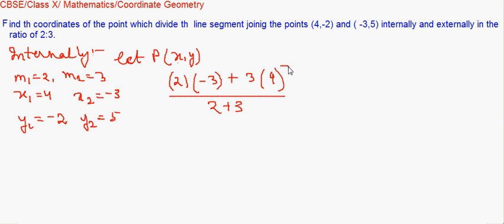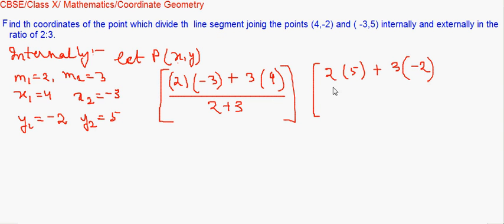This is the x coordinate of the point P. Let me also write here the y coordinate. It will be M1 Y2 plus M2 Y1, Y1 is minus 2 by again M1 plus M2, that's giving me 2 by 3.